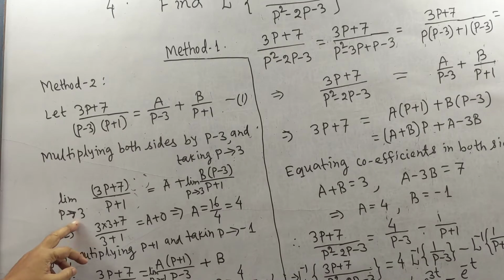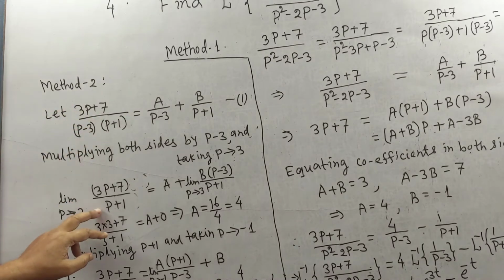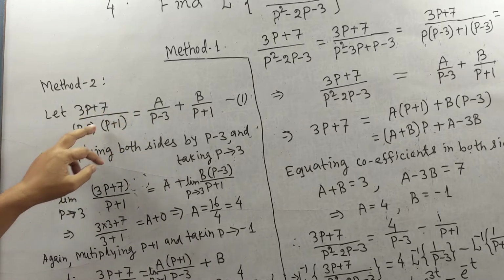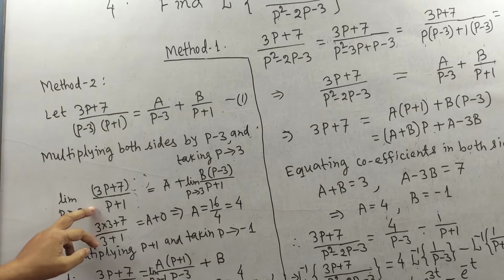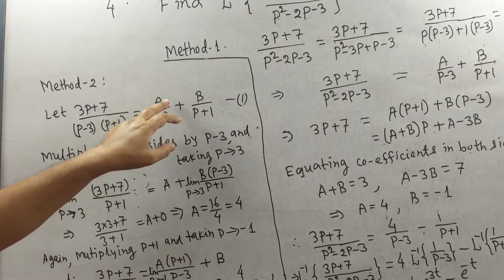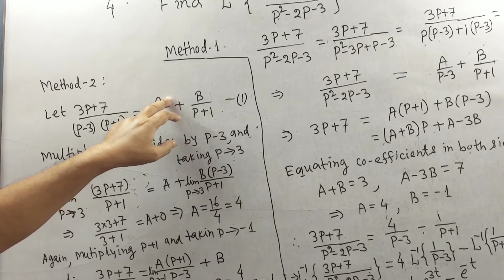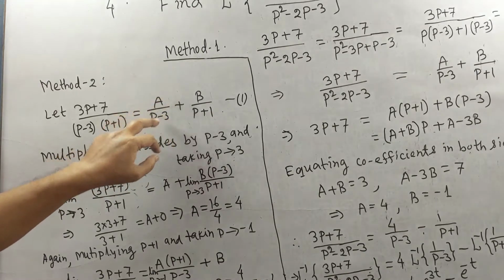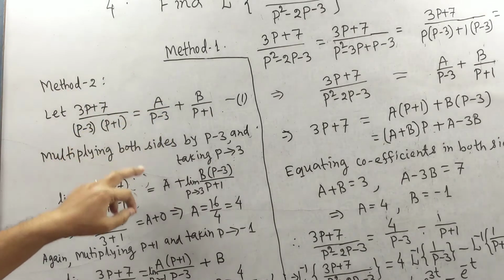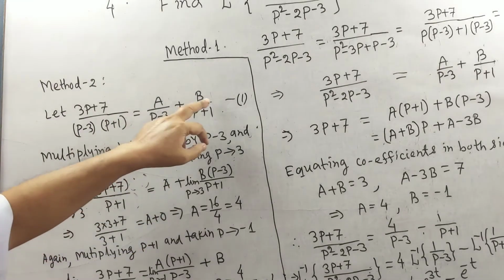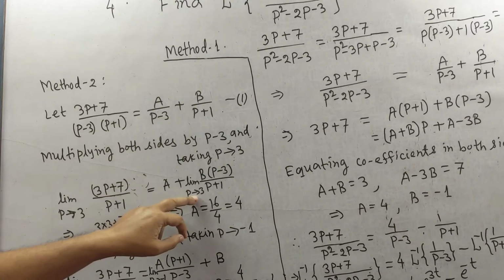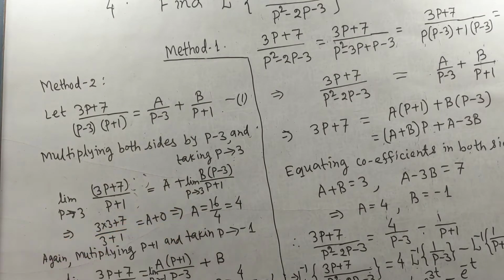Limit p tends to 3, we write the left side and multiply by p minus 3, so p minus 3 cancels out. So only p plus 1 remains, and the denominator p minus 3 and the numerator cancel with each other, so a remains.